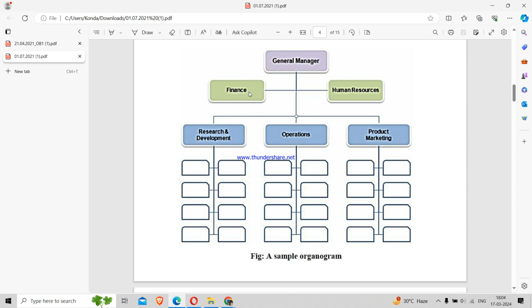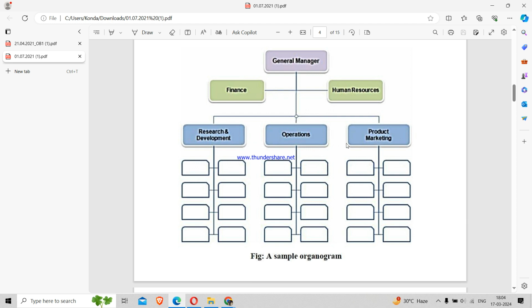Under him will work the finance department and the human resource department. Under these, you can see there are three specific areas which are operating as per their rules and regulations. One is research and development, next is operations, and the next one is product marketing.